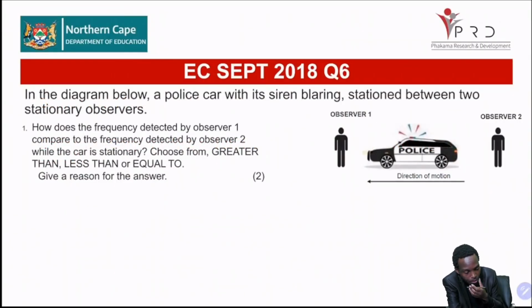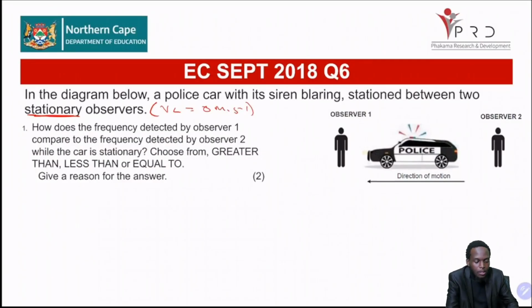Okay, so our starting point is a question from the Eastern Cape, September of 2018, question number 6. It says, in the diagram below, a police car with its siren blaring is stationed between 2 stationary observers. So our observers are not moving. So that already informs our velocity or speed of the listener. First question.